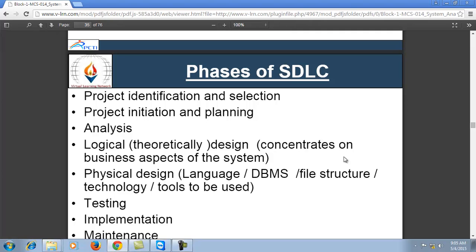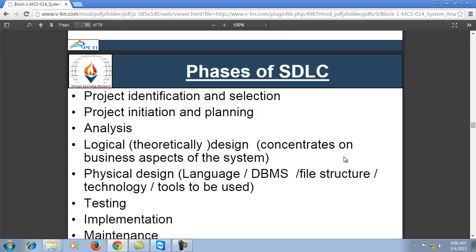So let's again go back to the initial phases of the SDLC so that we can have a quick revision tour of what we have covered till now. The phases of SDLC involve project identification and selection, in which we prepare the SRS and feasibility report so that we can verify whether we have to develop this particular software or system or not.